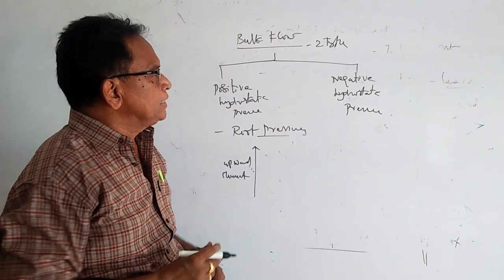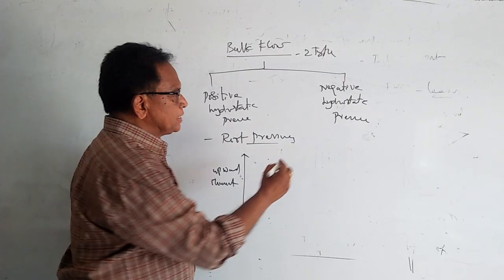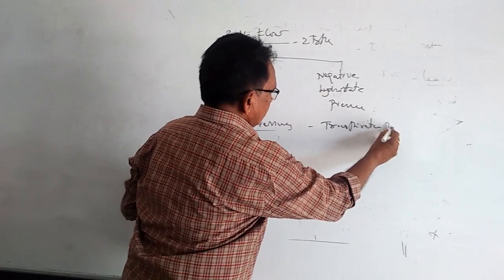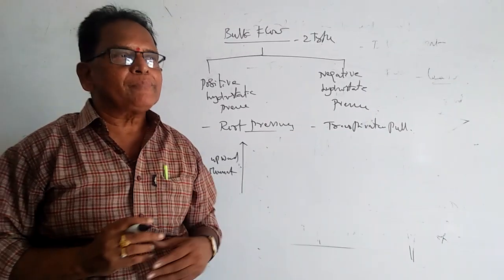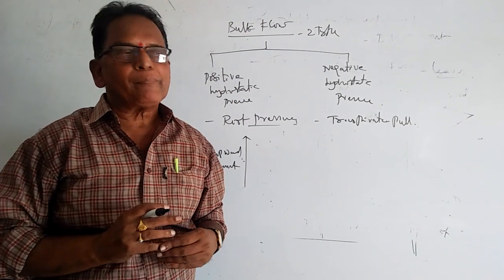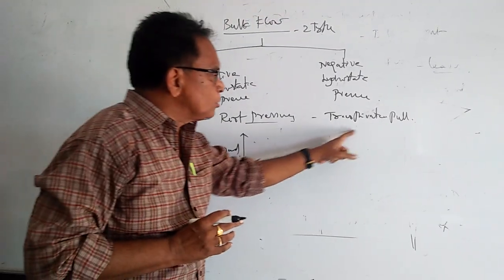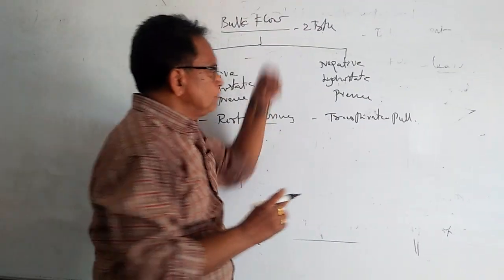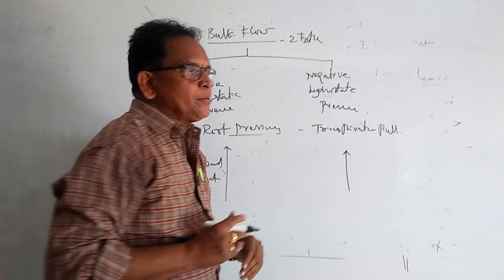There is another possibility called negative hydrostatic pressure. This negative hydrostatic pressure is due to transpiration pull. As you know, transpiration means evaporation of water from the aerial plant parts. When transpiration is higher in the upper parts of the plant body, a pressure is created in the upper regions. That pressure is known as transpiration pull, and that transpiration pull will lift the water from the soil in an upward direction.